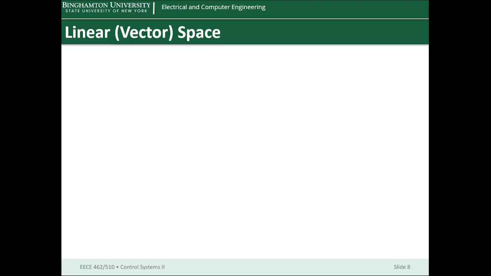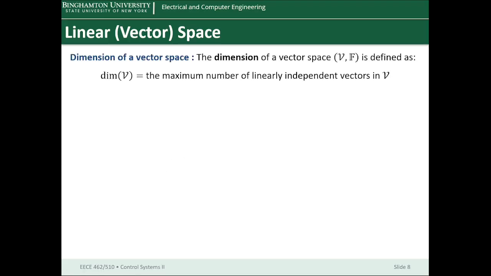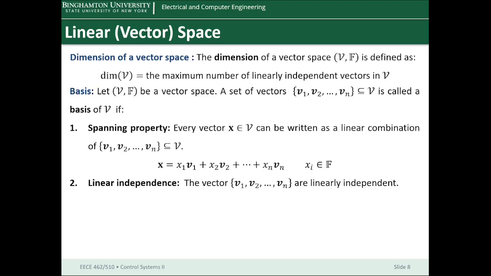Why do we call Rn an n-dimensional vector space? The dimension of a vector space V over a field F is defined as the maximum number of linearly independent vectors in V. This leads us to the idea of a basis. A set of vectors v1, v2, ..., vn, a subset of V, is called a basis of V if it satisfies two properties.